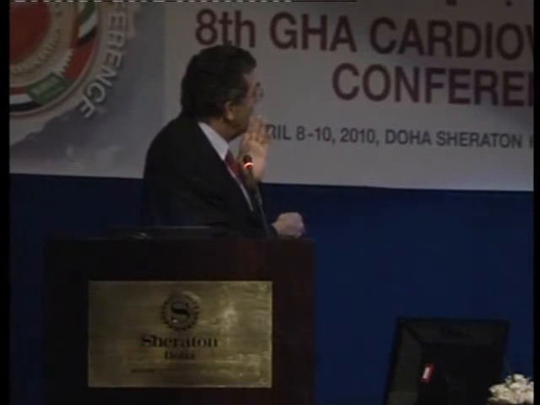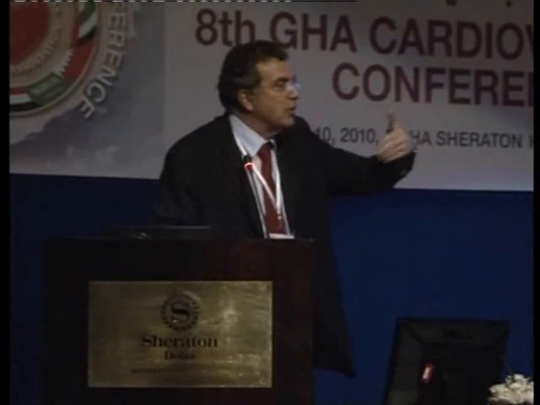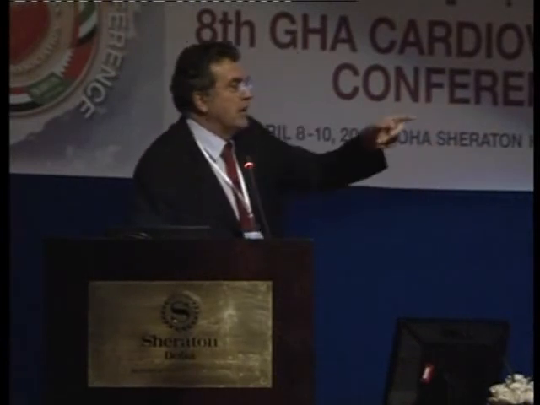If we plan to do something with a balloon on the diagonal branch, we have to cover both lesions. So in this case, certainly, I will start with a 7 French guiding catheter and 2 wires, and then we could discuss the technique of the dilatation.